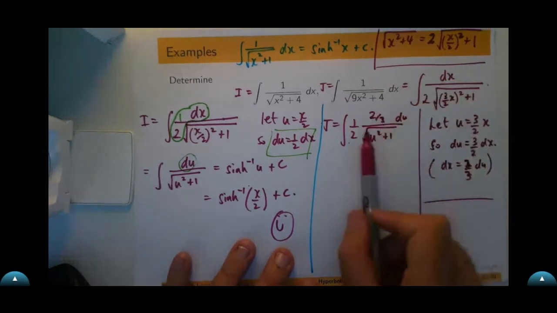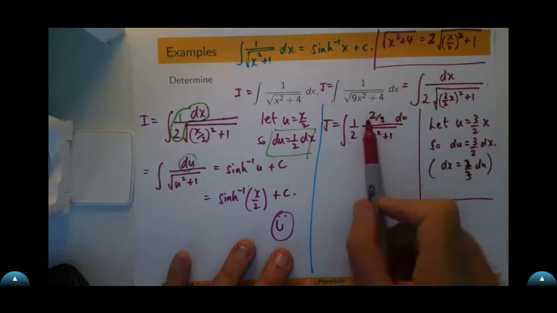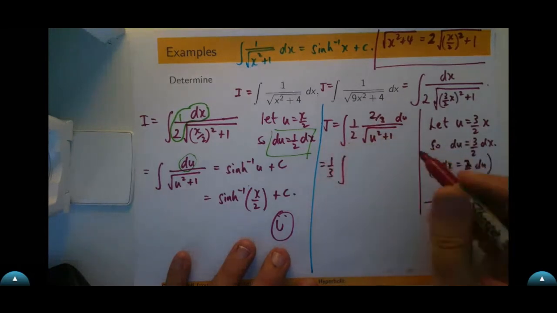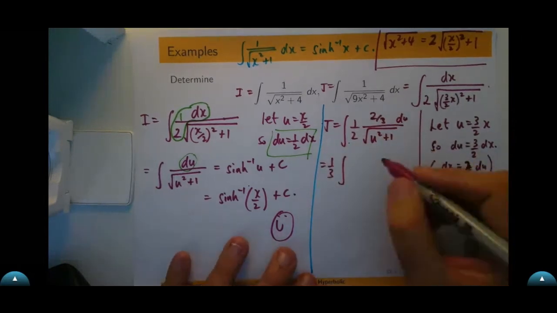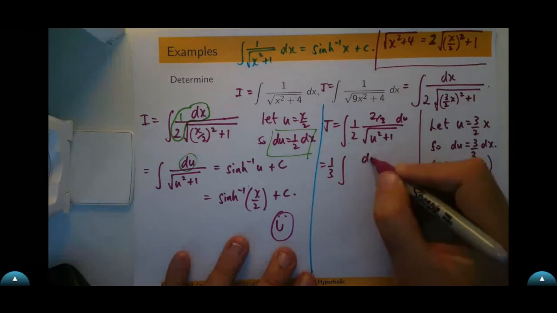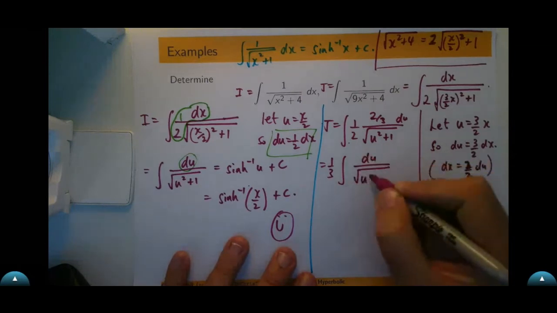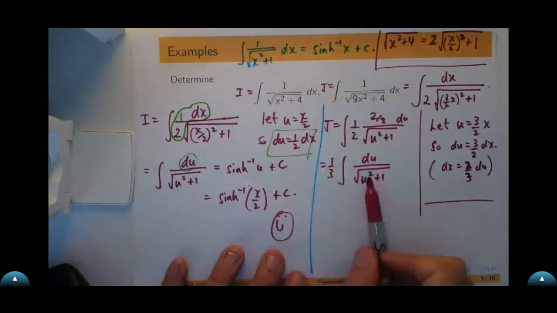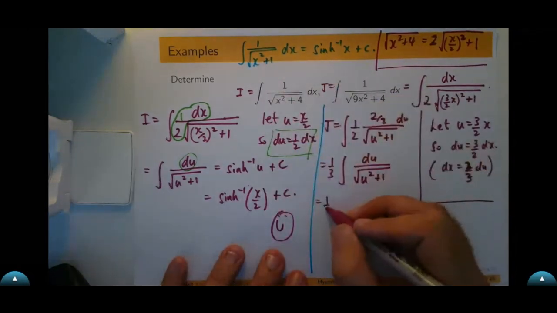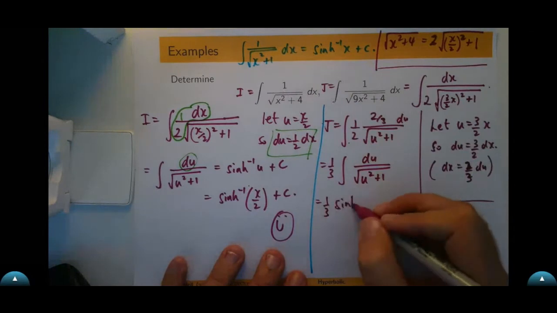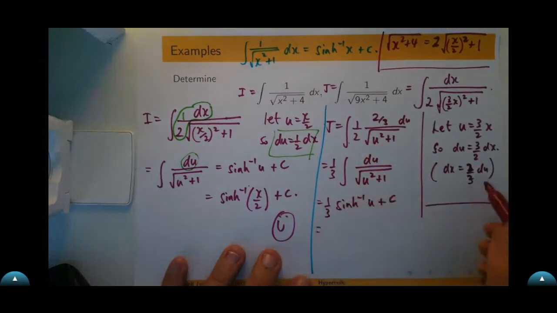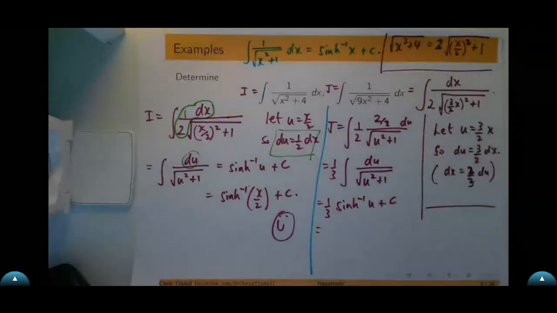So that's a 2/3, a half, and that. You can obviously cancel those out, and you're going to get this. Now I know I can integrate that, and I can get back to my x's through this one.